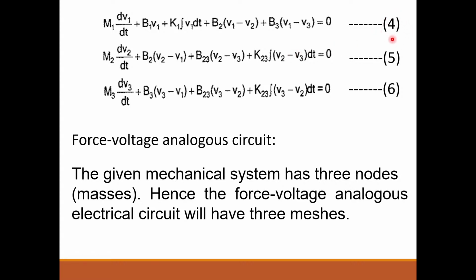So from equation 1 you will get equation 4, from equation 2 you will get equation 5, and from equation 3 you will get equation 6. Okay, this is it for the given mechanical system. We have written these three force balance equations in terms of velocity.